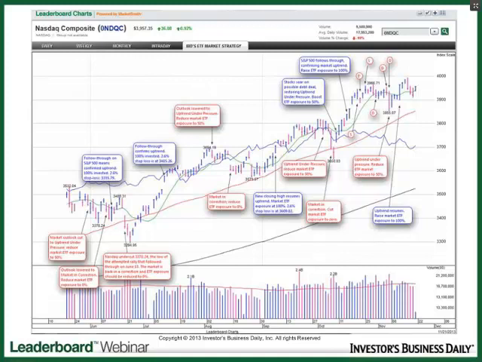I don't know. But the fact of the matter is we're looking now at the ETF market strategy chart of the NASDAQ. We won't go into the strategy tonight; if you want to learn more about it, go to the About Leaderboard tab on the front page of Leaderboard, and there's a video that explains the strategy.